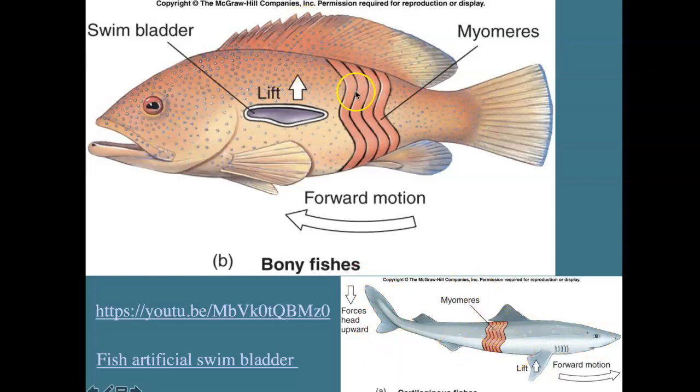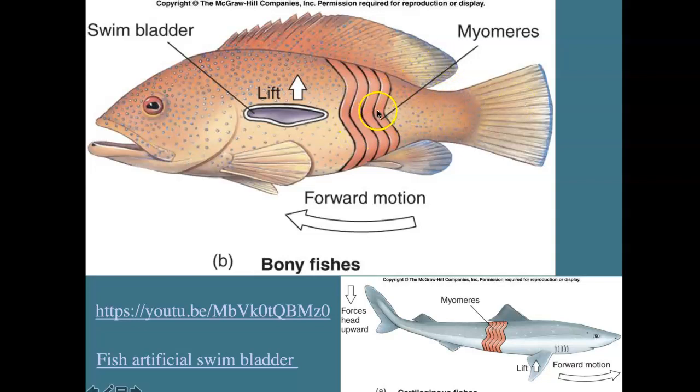And then this is just showing these muscles called the myomeres. These are really pronounced muscles. That's because the caudal fin is where the fish is going to get most of its propulsion. So it's going to have these really large muscles that are going to be used to control the caudal fin and move it back and forth.